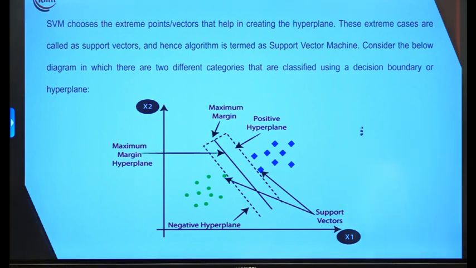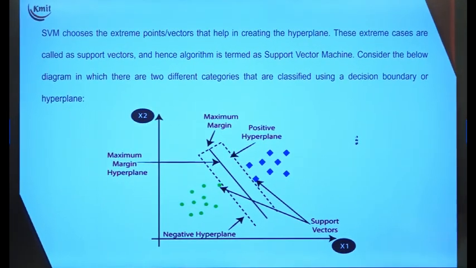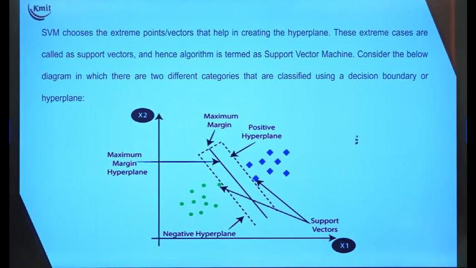Okay, so as you can see, the extreme points or vectors are actually used for creating the hyperplane which differentiates between two classes. These extreme points are called support vectors. Okay, and hence the name support vector machine. Okay, as you can see, we have two categories which are classified based on the decision boundary hyperplane, or that line which is called a hyperplane.